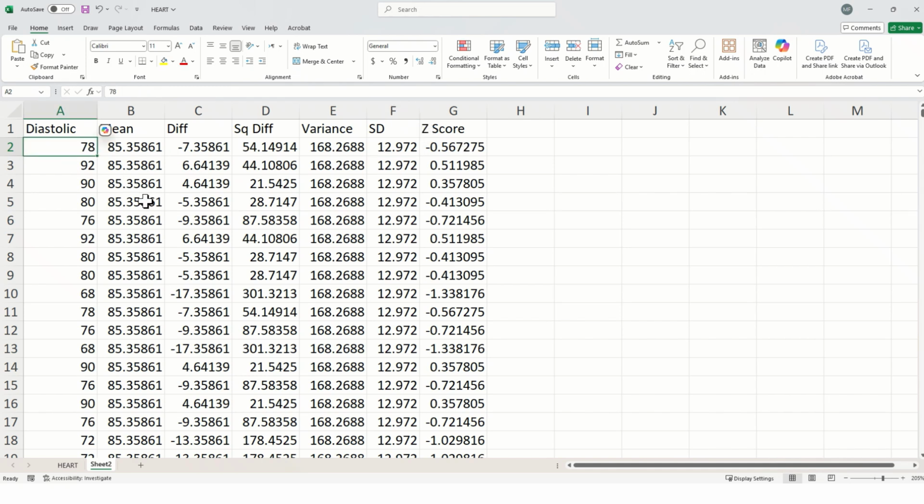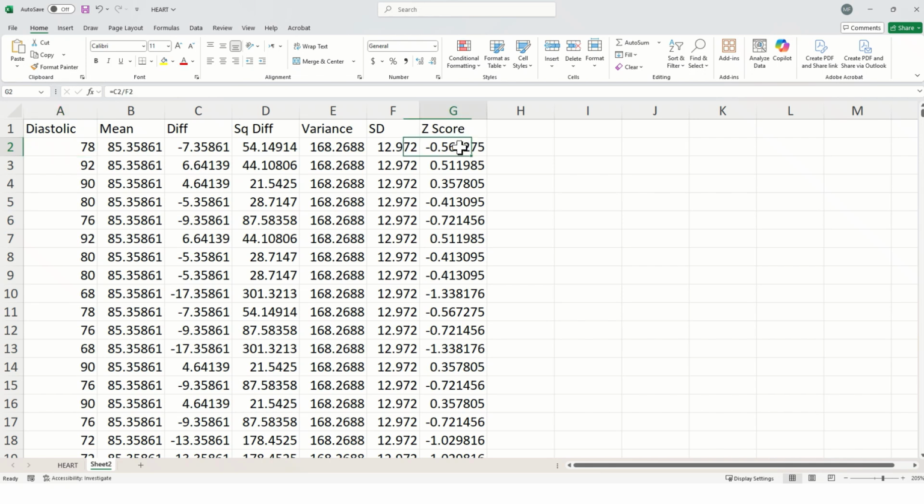The thing is that we might have the values in millimeters of mercury or pounds or kilograms or centimeters or milligrams per deciliter, whatever the variable is, the unit of it is going to be different as per the nature of that particular variable.